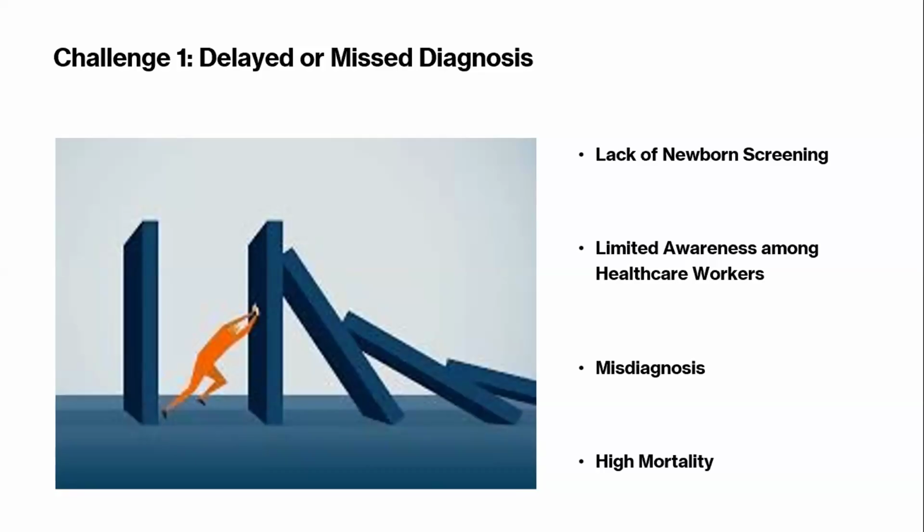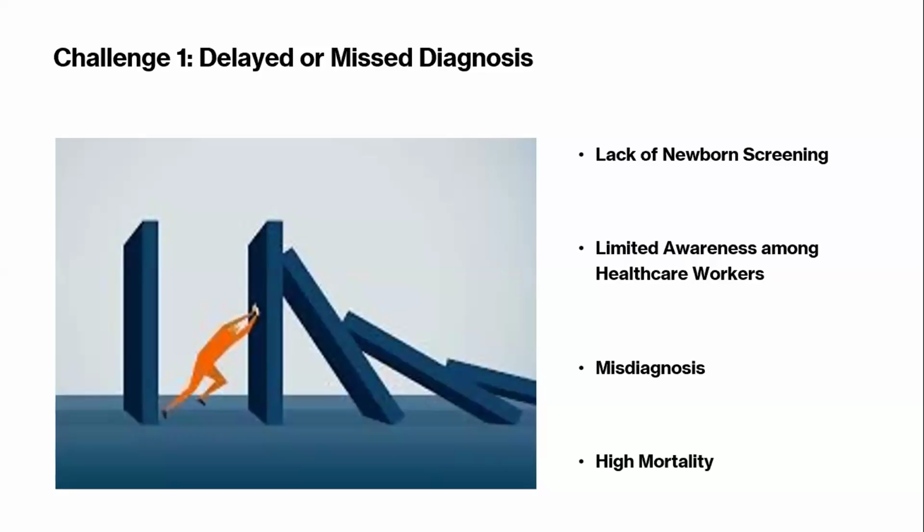But I would say this is more visible for girls, and for boys it's unfortunate that these signs may not be known, because girls present with ambiguous genitalia, but boys it's not the same. So it's difficult to say, okay, this boy has CAH.